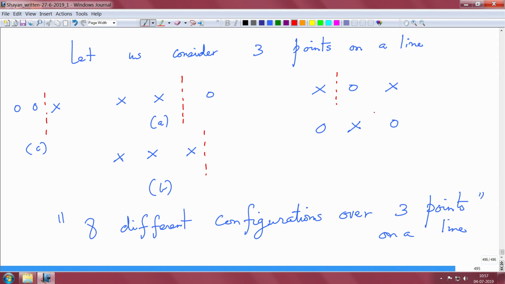Similarly, consider this case in the bottom. Let me say this configurations D and E. Okay. So I have problems here, right, because the points are lying on both sides.